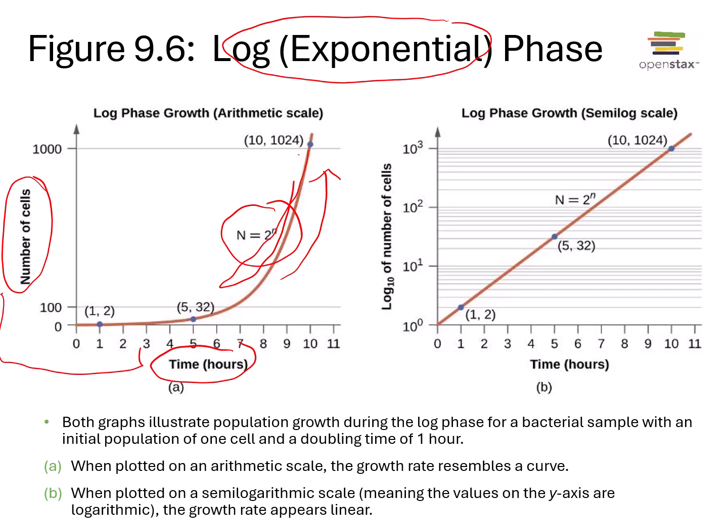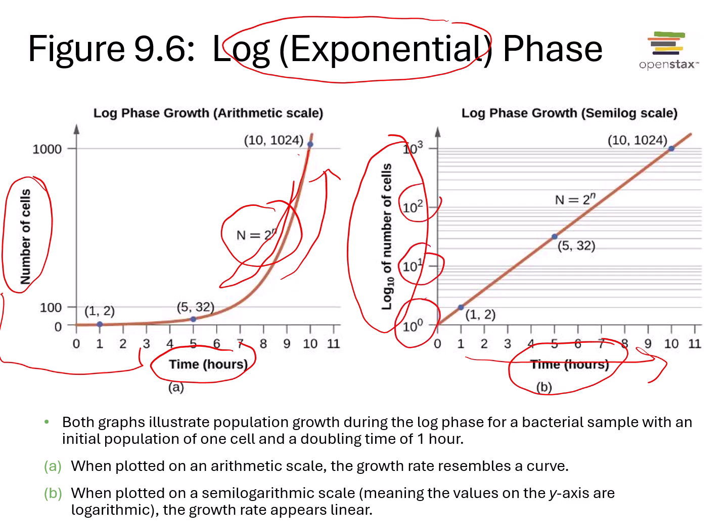So instead, we often plot microbial growth on a semi-log scale. Here's my semi-log scale. Time is normal. It increases by increments of 1, whereas the y-axis increases logarithmically. So every set of values is 10 times bigger than the previous set of numbers. This makes trends and calculations much easier to see.